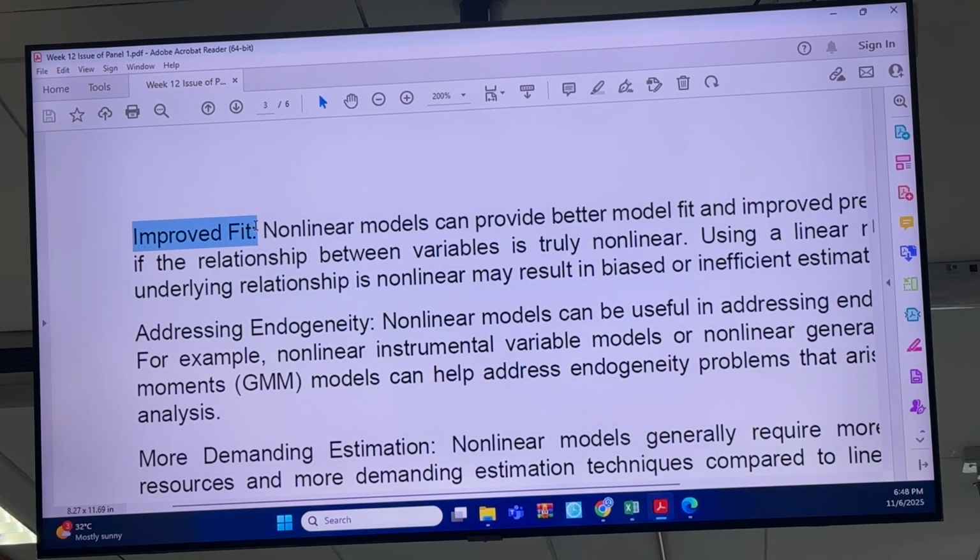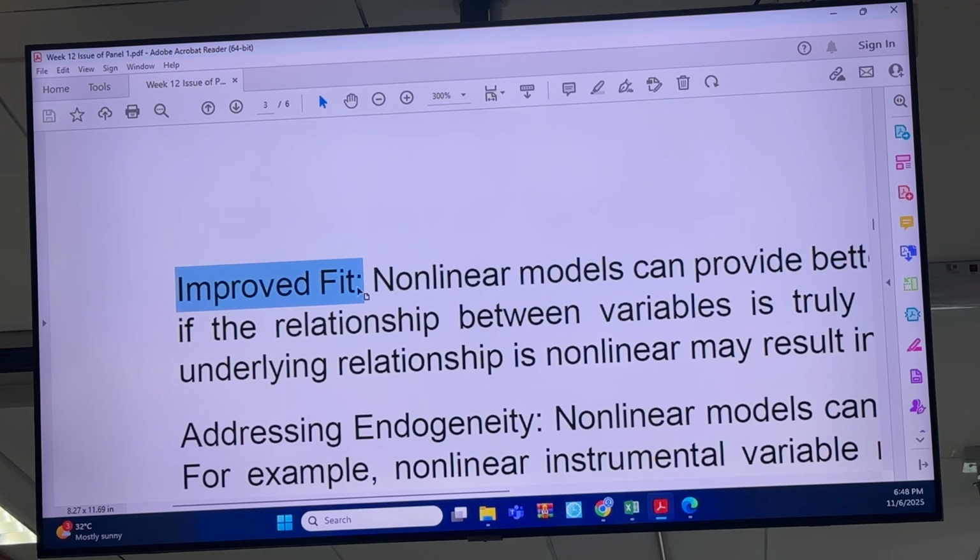So improved fit. What is this? Linear regression cannot answer this. Linear models, like the linear model we discussed so far, are not able to answer the real phenomena. So you might get a low R square, for example, if you study that on a time series basis.